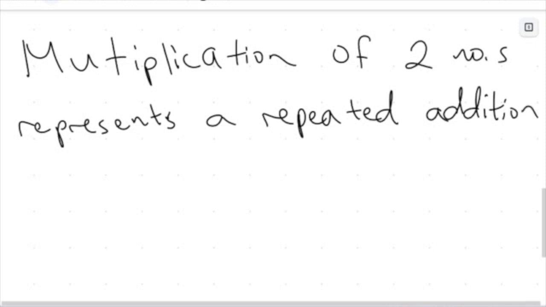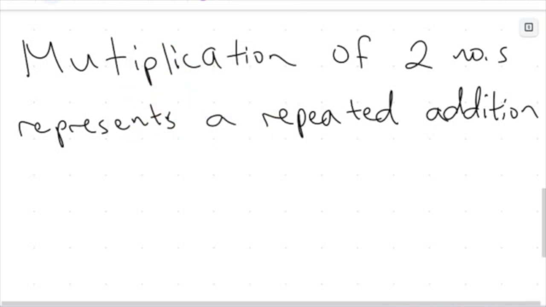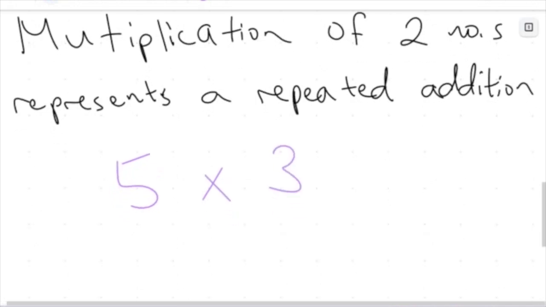So, for example, let's look at another example, say let's do 5 times 3. My first number tells me how many repetitions I have of that addition.